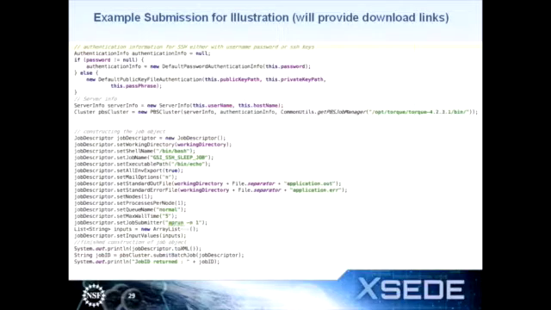You create a default password authentication if you have a password. If you want to use SSH keys, you create a new public key authentication, and create a server information object for where you want to run this. It could be Trestles or Stampede or something like that.